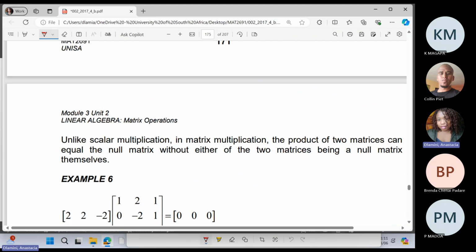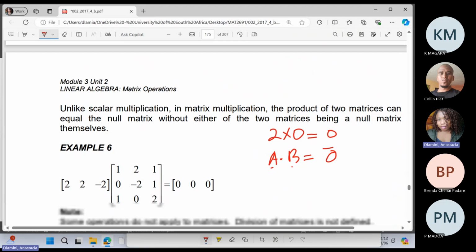So they're saying that in scalars, if you have 2 times 0, you know this will be 0, or any number multiplied by 0 will be 0, right? That's what they're saying. But with matrices, you don't necessarily need to have a 0 matrix. A times B can be a product of matrices which are not 0 matrices, and at some point, they can give you a matrix which is 0.